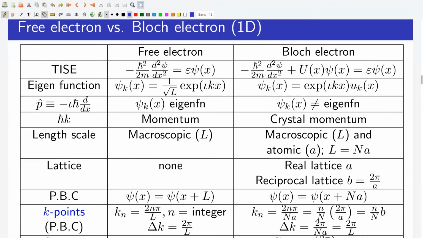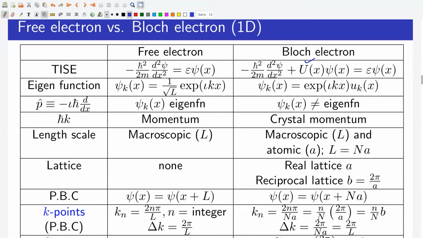Before proceeding further, let us quickly review the main differences between the Bloch electrons and free electrons. In case of Bloch electrons, we have an effective one-electron periodic potential U. This is a one-electron potential because we continue to ignore explicit electron-electron repulsion term.